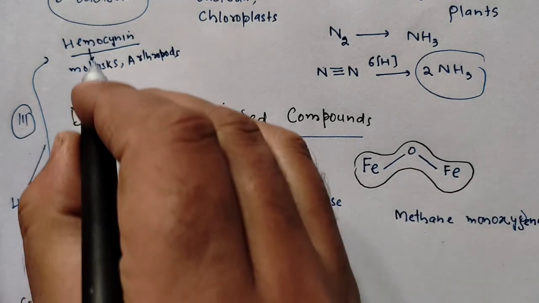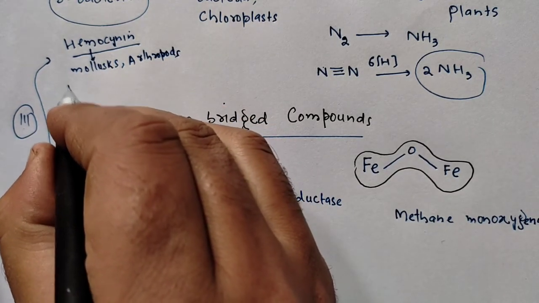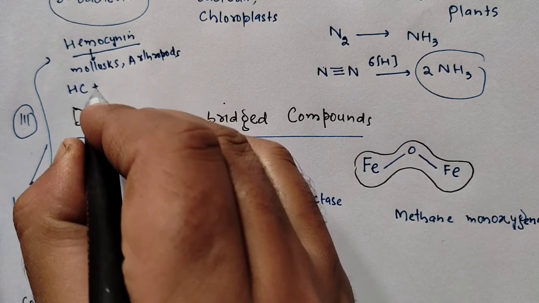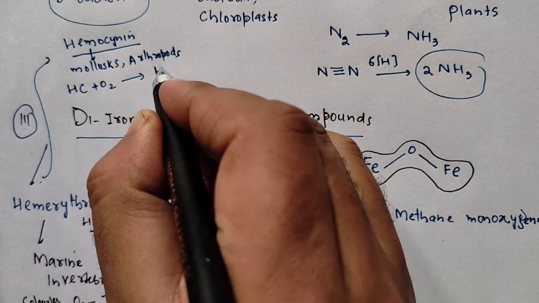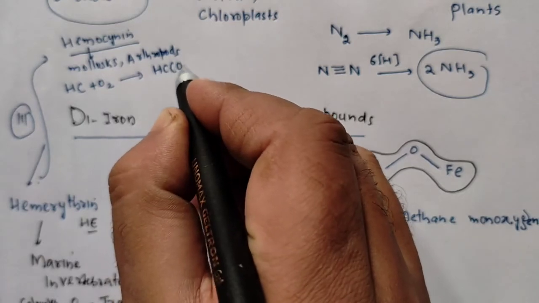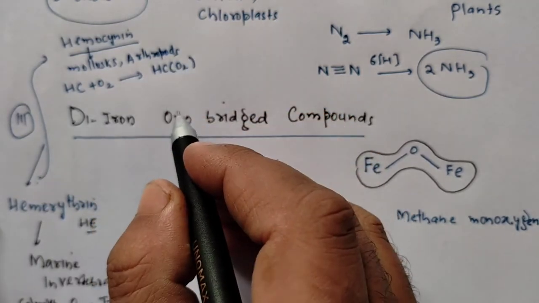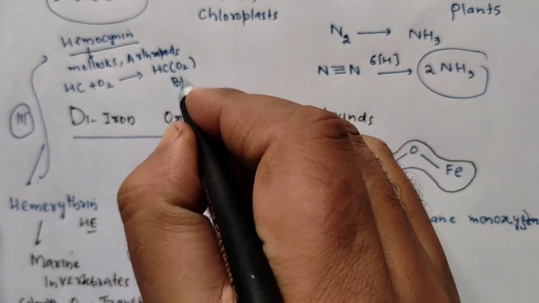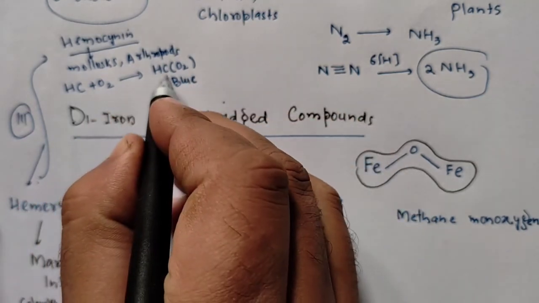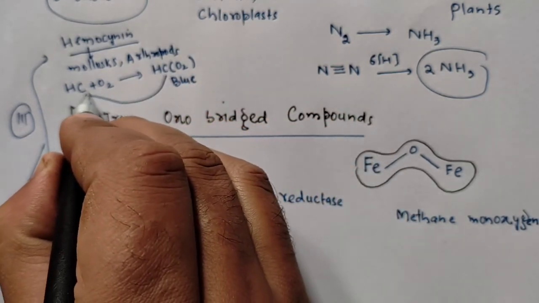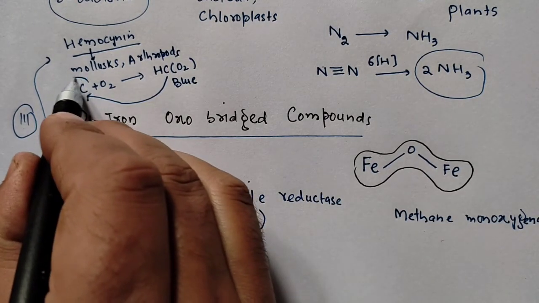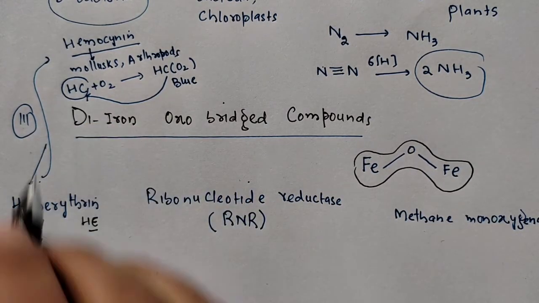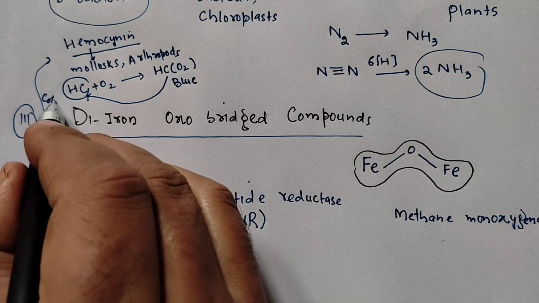If I write hemocyanin as HC, when it binds with oxygen it is called oxygenated hemocyanin. In the oxygenated state, this is blue. When it deoxygenates, it gets converted back to hemocyanin, and in this state it is colorless. Remember this.